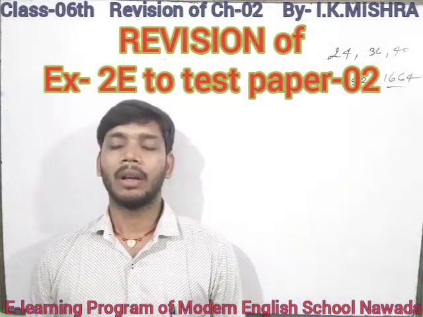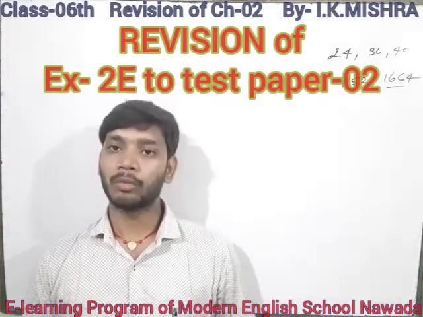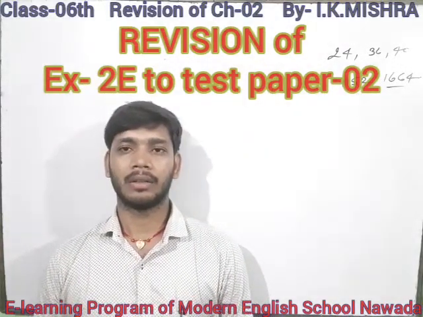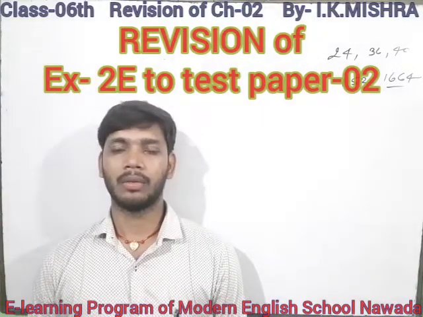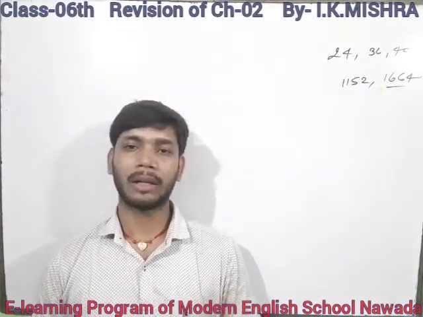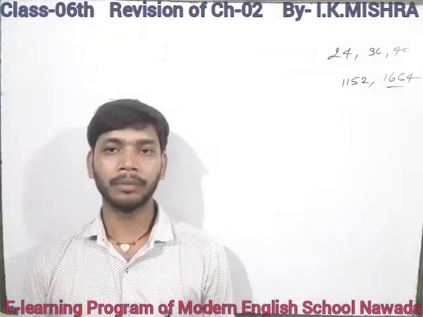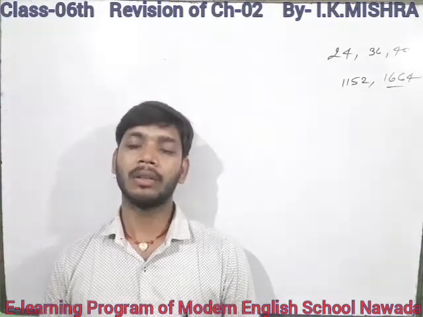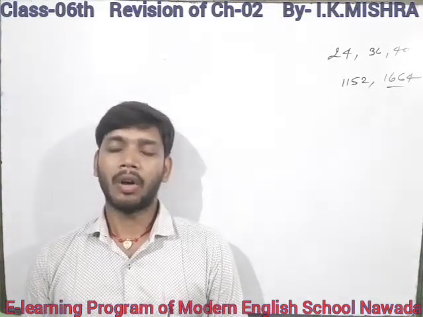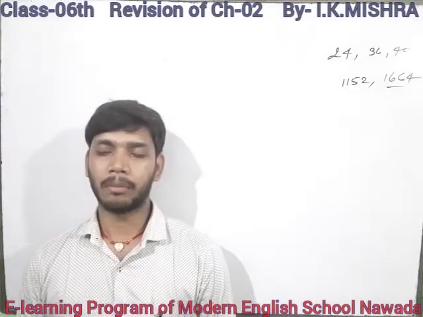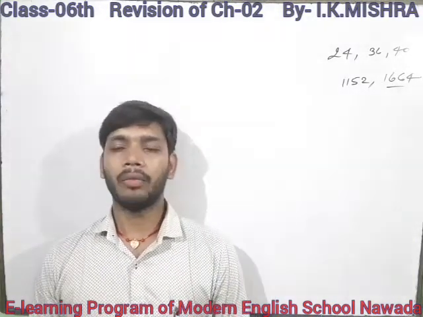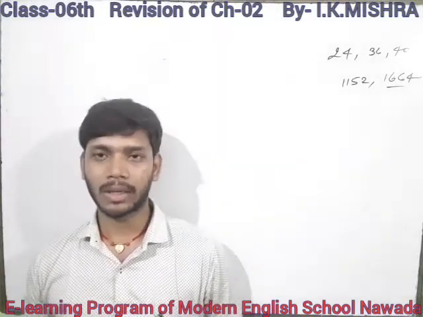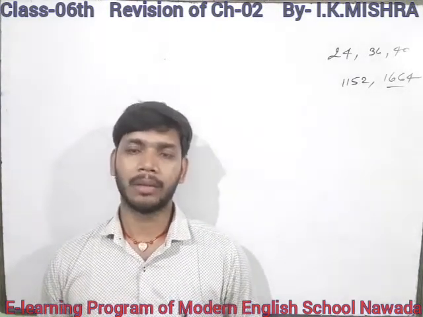Students, today I am going to proceed with the revision of exercise 2E of chapter 2, Factors and Multiples. Students, in the previous video of the revision session, I discussed how to factorize numbers and how to find the HCF of two or more numbers by the factorization method and the division method.